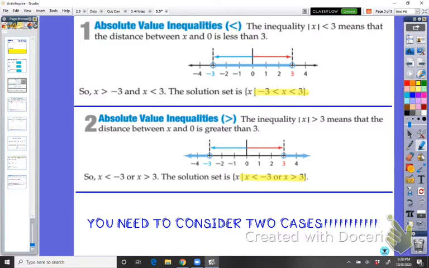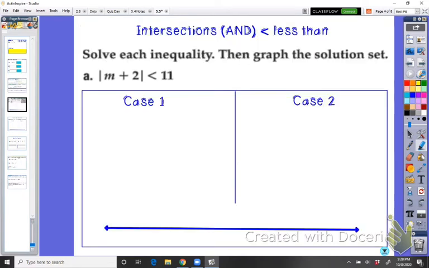So whenever we solve these, we're going to go through one intersection and one or union. You need to consider case 1 and case 2. So you need to solve each inequality, then graph the solution set. On both cases, remember from equations, you want to drop the absolute value bars.